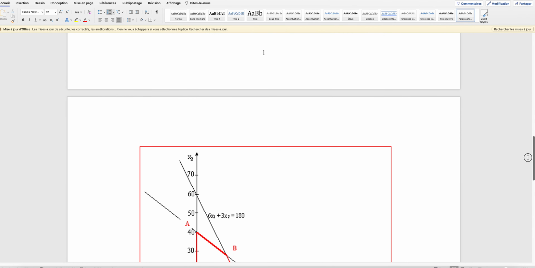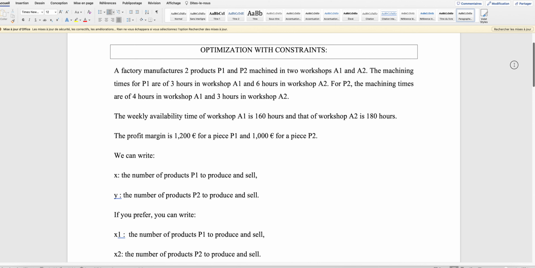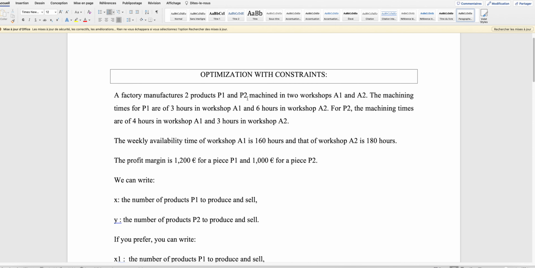We know that a product P1 gives us a profit margin per unit of 1,200 euros, and the second kind of product per unit 1,000 euros.